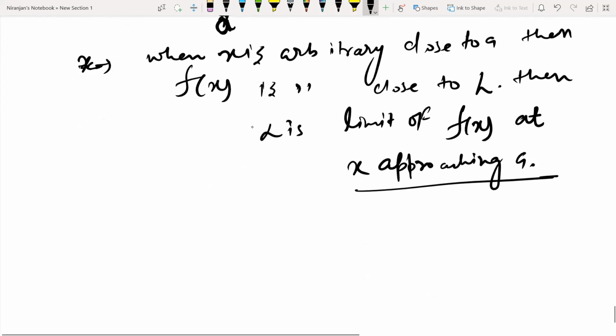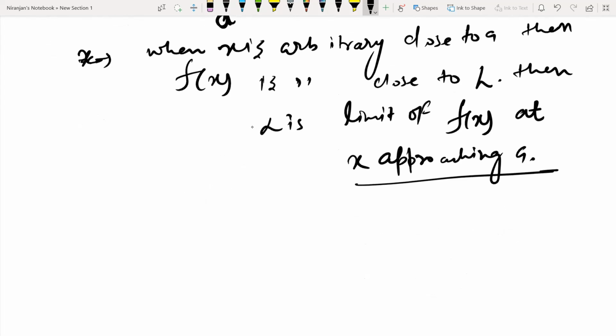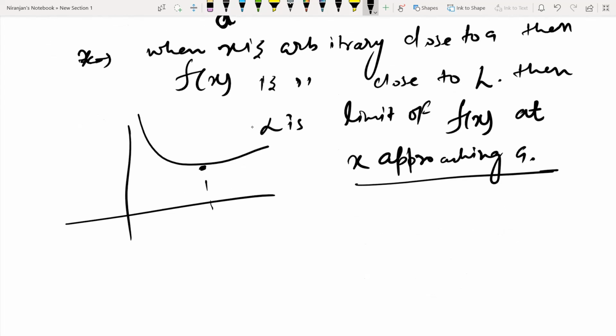So the wording should be clear. The preciseness in your head should be very clear about what exactly it means: you have some sort of function, and I told you to find a limit at this a, then you are not exactly reaching a, even if it is continuous. Okay, you don't have to worry about that.